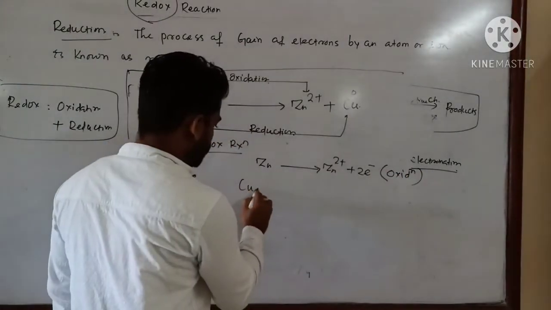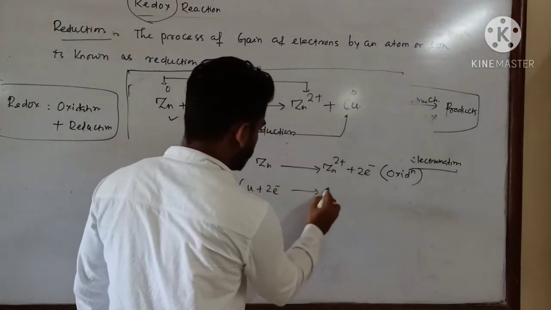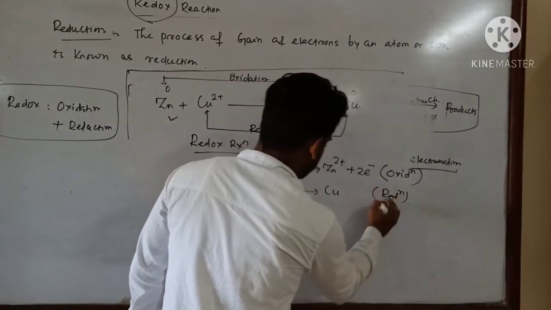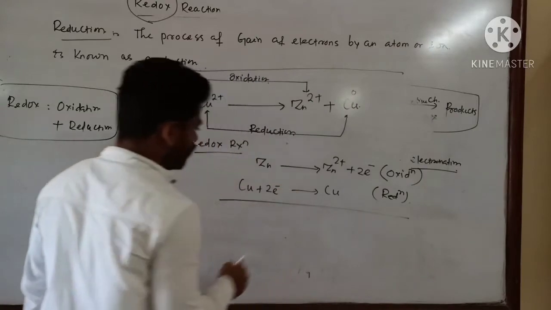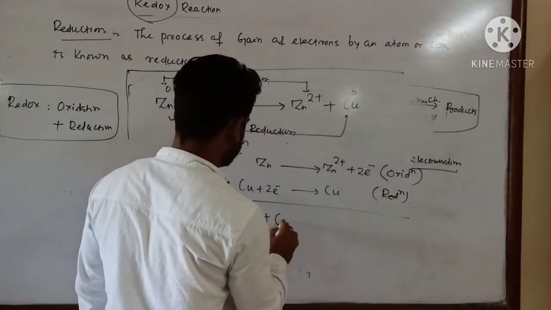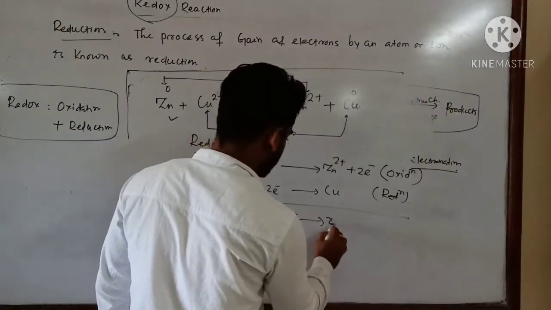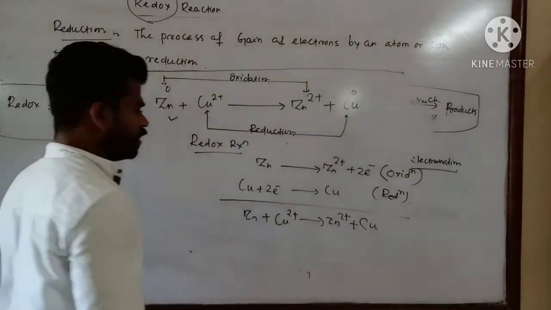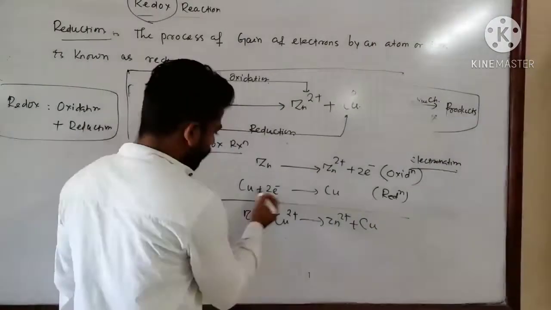Zinc. And copper gains that 2 electron, get converted into copper. So gain of electron, that is known as reduction. Is that clear? So overall reaction will be redox reaction, that will be Zn plus Cu2+ get converted into Zn2+ Cu.